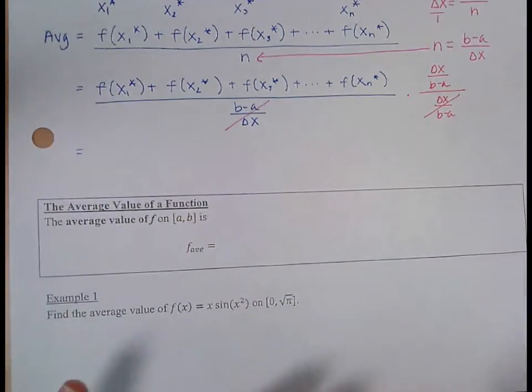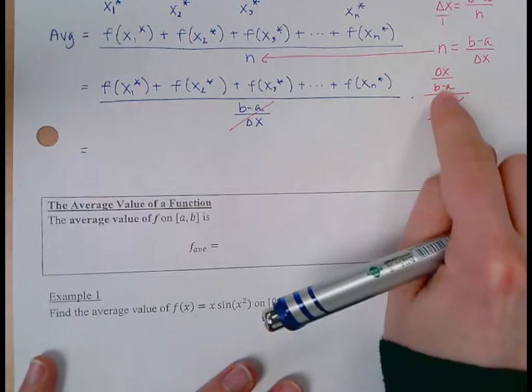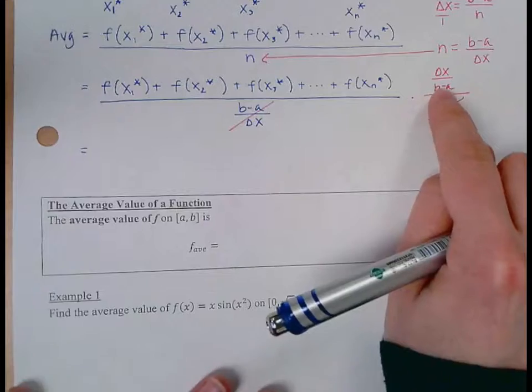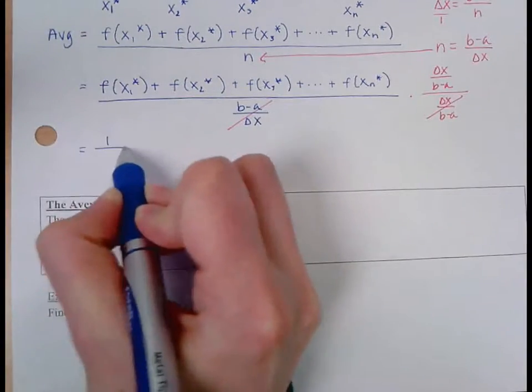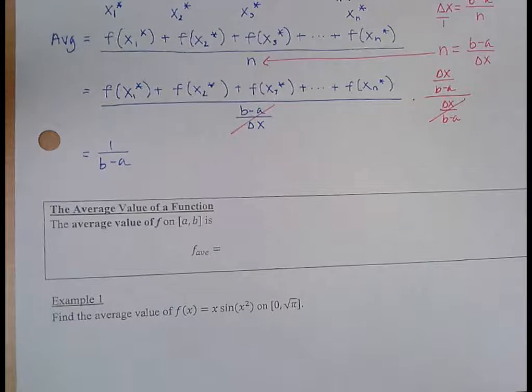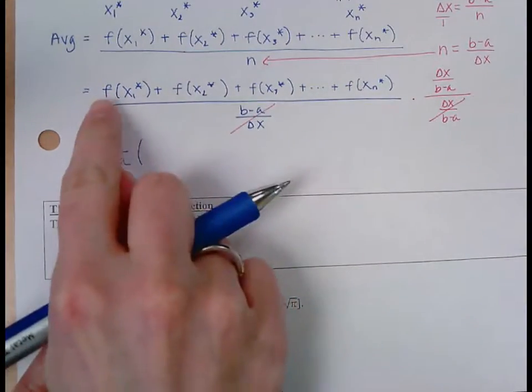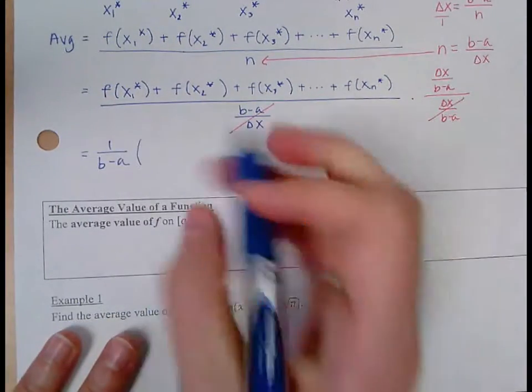So I'm going to break this apart. I'm going to break this delta x over b minus a as having a 1 over b minus a in the very front. The delta x is going to stay multiplied at the end. So I have 1 over b minus a times the quantity of these function values added together.